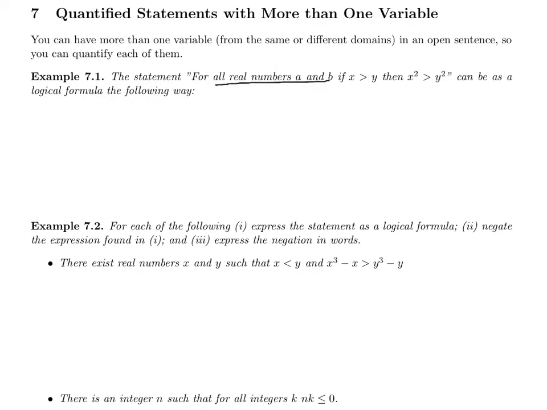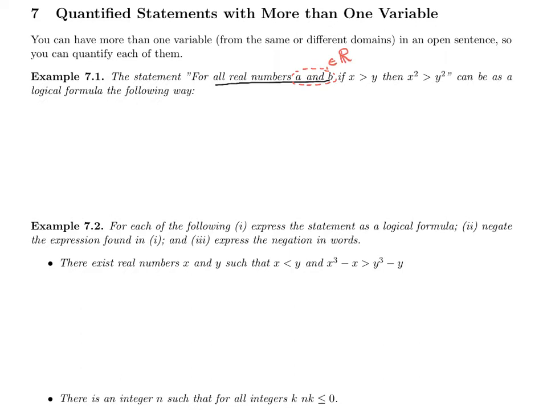So let's look at example 7.1 here. We have for all real variables a and b. So we're told, for all real numbers a and b, that these guys are real numbers. So they are elements of blackboard bold R like that.